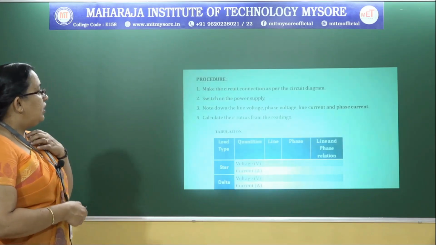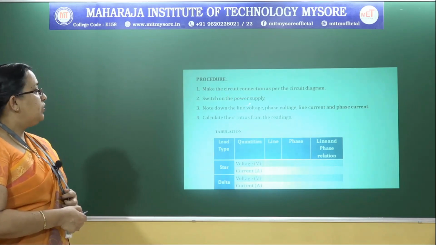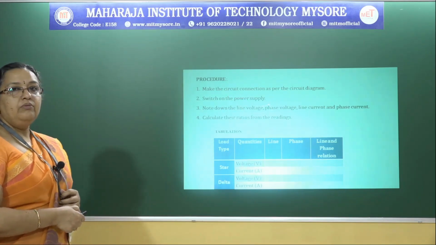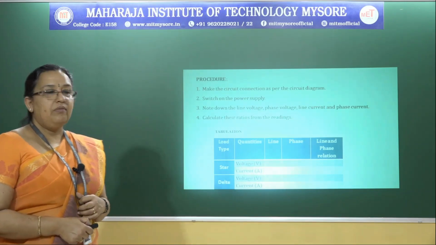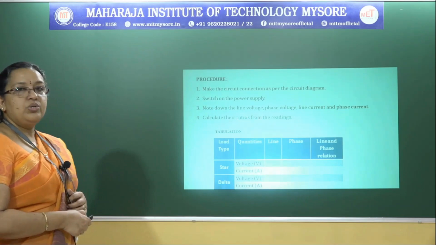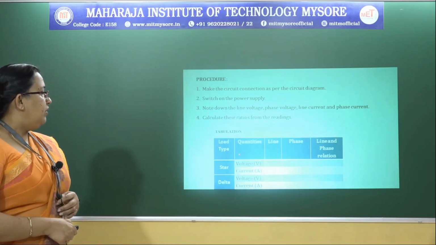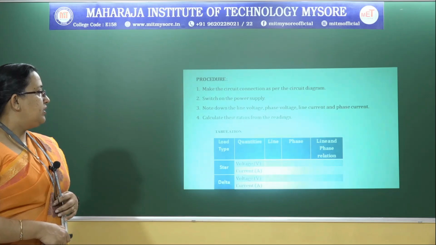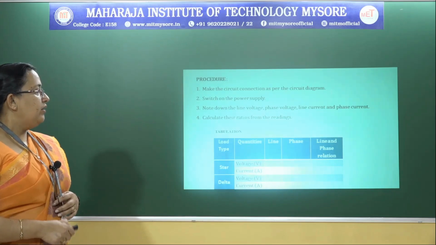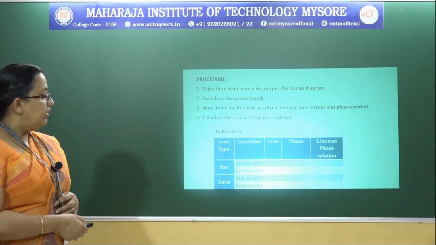Now the procedure: make the connections, switch on the supply, note down the voltmeter and ammeter readings, and then compare with the theoretical value, or find out the ratios, which should be √3. We take the voltmeter and ammeter values in the star connected system and the delta connected system, line values and phase values, and find the ratio.